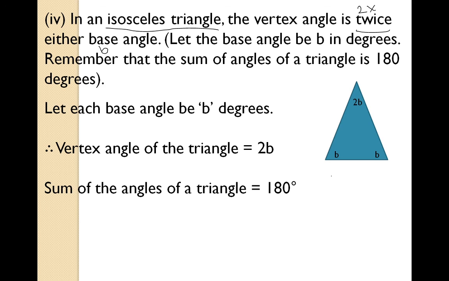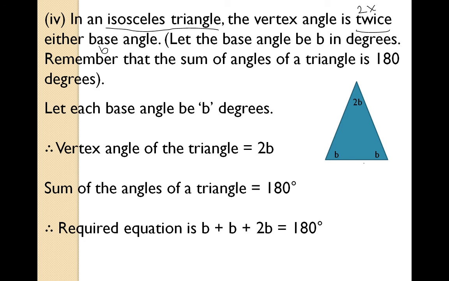So the sum of the angles of a triangle is 180 degrees. Okay, now b plus b plus 2b is 180 degrees. Like this we can form an equation, or b plus b is 2b and 2b plus 2b is 4b. Like that we can form the equation 4b is equal to 180 degrees. So in this case we can form two equations and both are right.